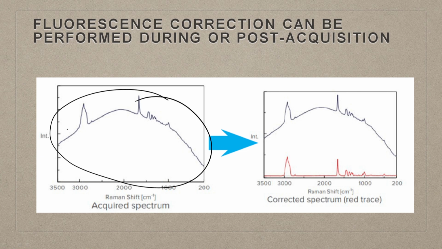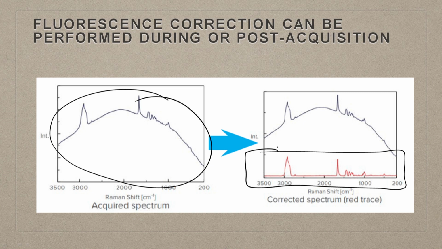So, say for example, you send that to a reviewer, they will say do a baseline correction, and this baseline correction is nothing but you are getting rid of all the noises which are present, and when you report the result, this is what you see in the red trace.